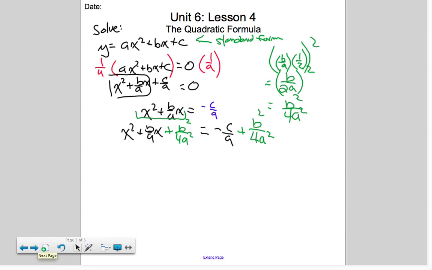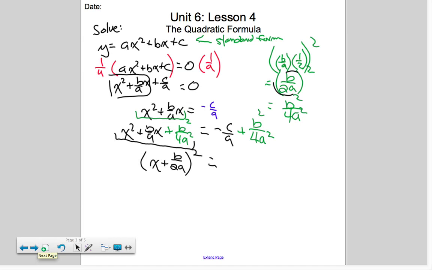Okay? So the whole idea of me trying to get this was now I can specify this as a binomial squared. So that's x plus b over 2a quantity squared. Right? So basically it's x plus this value that I have over here, quantity squared, is equal to, now I'm going to try to simplify the right hand side.